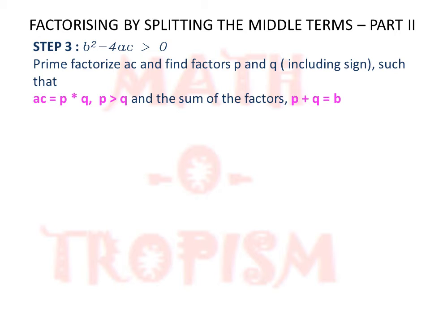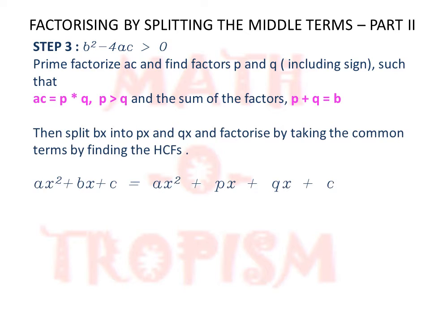After splitting AC into P and Q, we will write ax square plus bx plus c in the form of ax square plus px plus qx plus c, and then we will take two terms at a time.